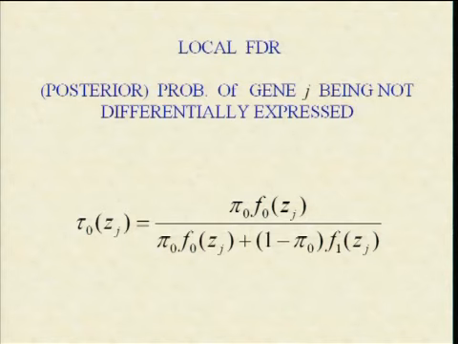So basically Efron estimates this local FDR using non-parametric methods, but I'm going to proceed now just fitting mixtures of normals to do it parametrically. So we want to estimate this particular quantity here.